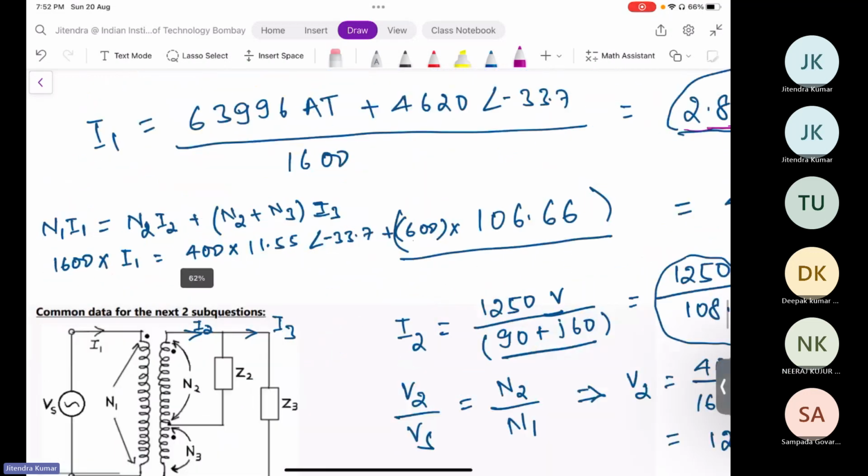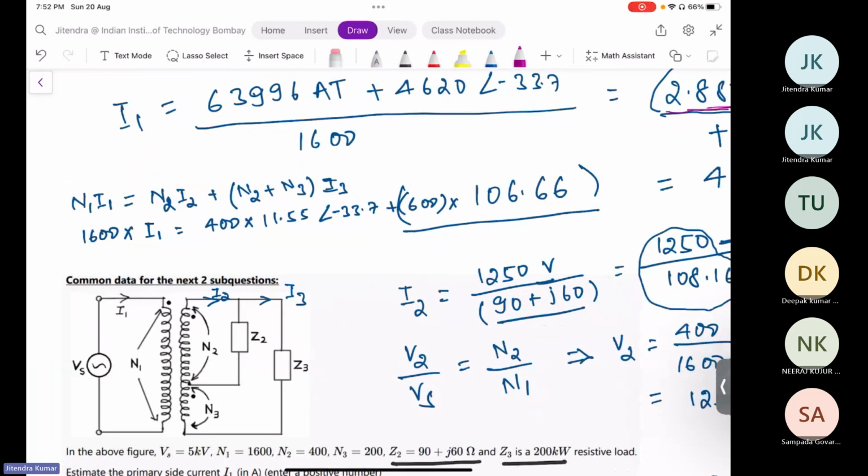See, in the power balance, you may get confused at this expression. If you somehow manage by this expression, in the place of N you can place V, and that will be the power balance. But if you manage to write this expression just like that, V1 into I1 is equal to V2 I2 plus V3 I3, and if you somehow arrive at this expression, then you are fine.